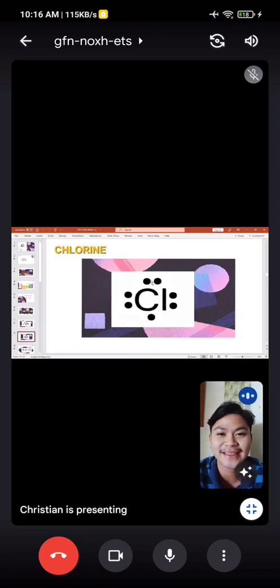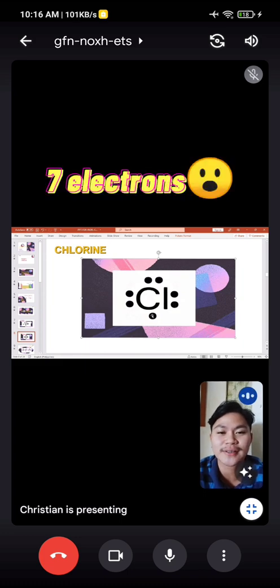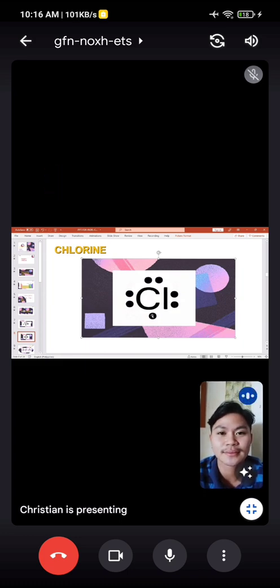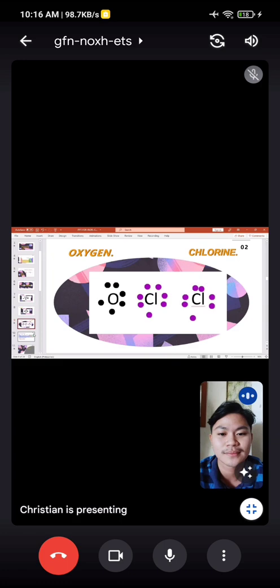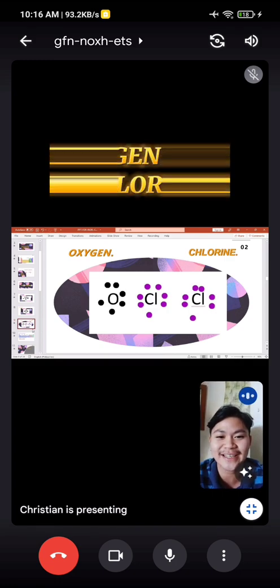Next, the element chlorine is surrounded by 7 electrons. So as you can see, this is the model of the Lewis dot symbol of oxygen and chlorine.